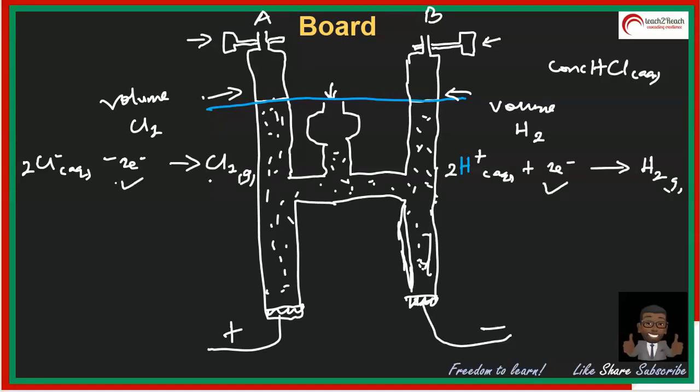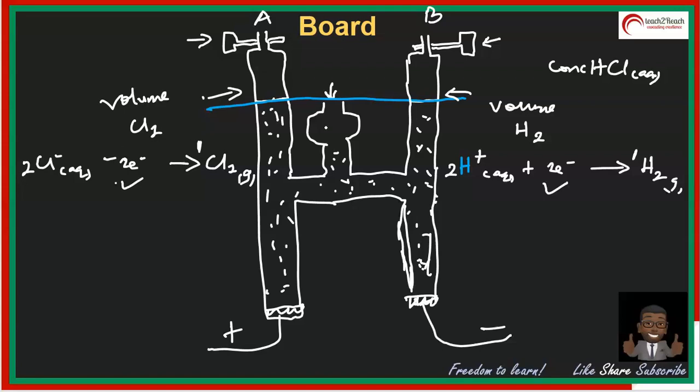Then what about the moles of gas formed? Here you have 1 mole of chlorine, and here you have 1 mole of hydrogen. That tells us that you have equal volumes. Can you see that? You're going to be having equal volume. Okay, good.